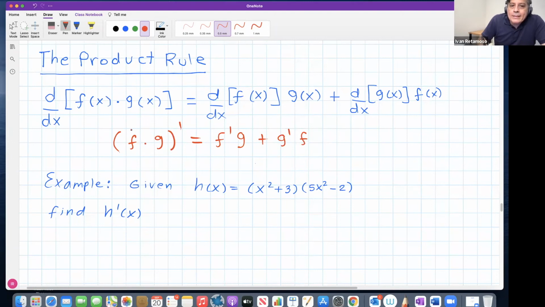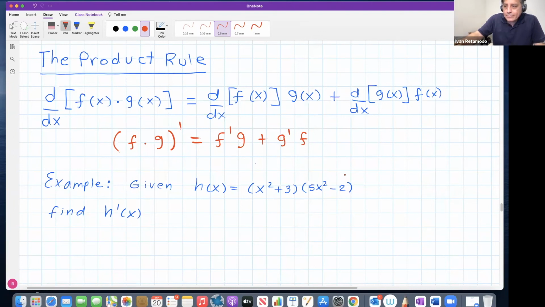Basically, the derivative of the first function times the second function, going from left to right, and then the derivative of the second function times the first function. It's a symmetric formula. As long as you take the derivative of one function, multiply by the other as it is, and add it to the derivative of the other times the first function as it is, you will get the answer. Now, how does this product rule work?